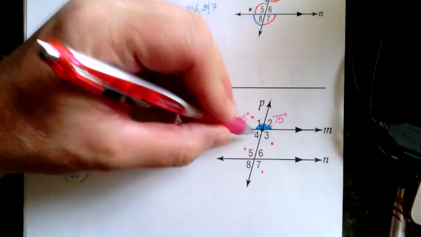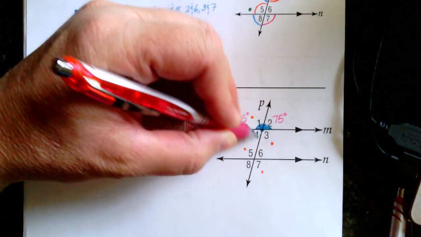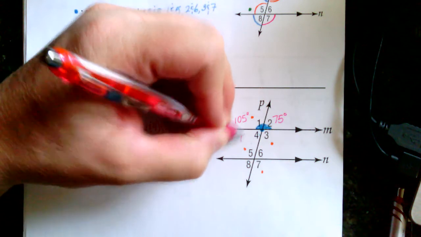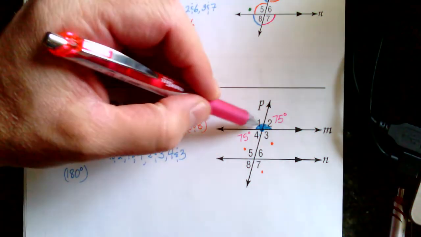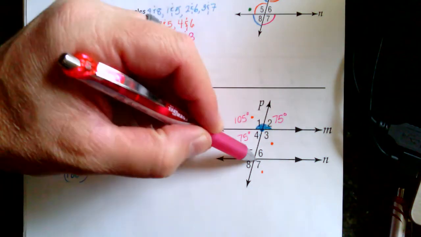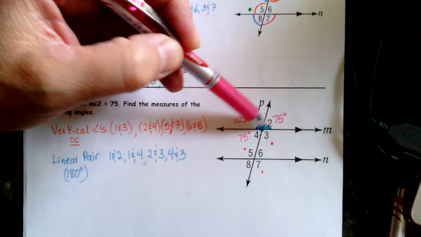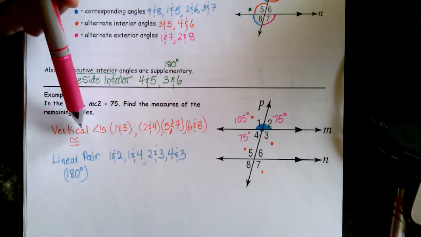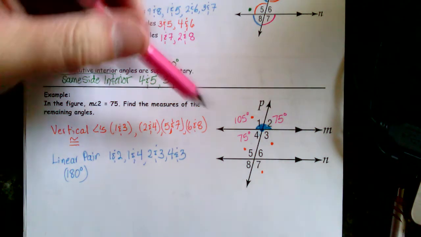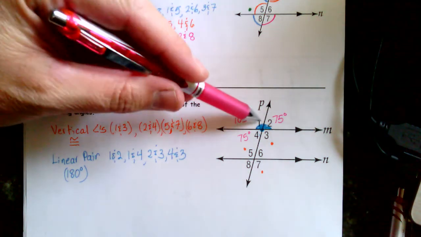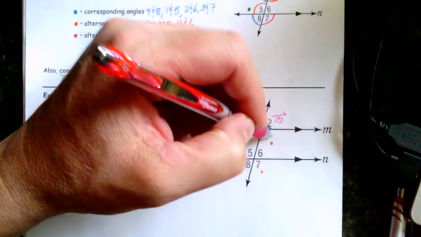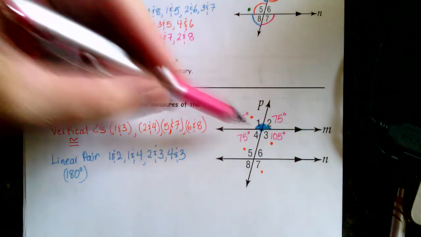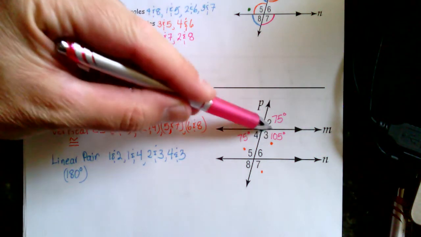So then I could say that 4, going in this opposite direction down the line P, is 75 degrees, because of the rule of vertical angles: 2 and 4 are equal. If we stay with the vertical angle thought for a second, 1 and 3 are vertical, so this must be 105.